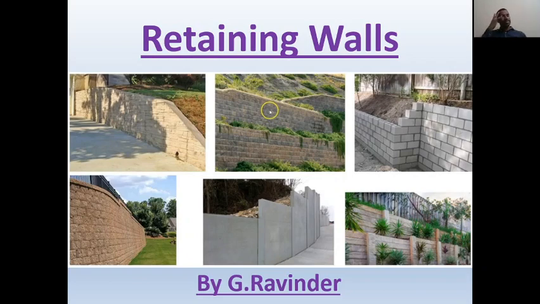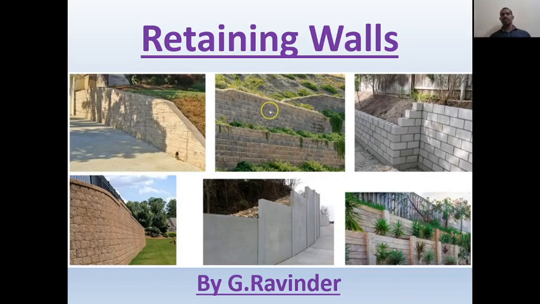And what happens if rain comes over the earth fill or backfill? We have not discussed this here, but when it is subject to rain, the soil mass or backfill will have much more weight and much more pressure will be created.